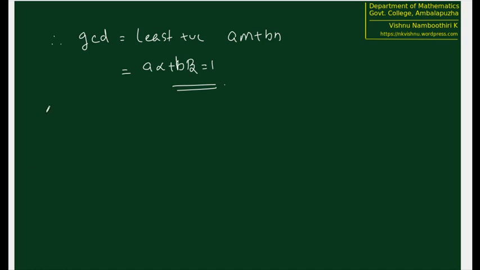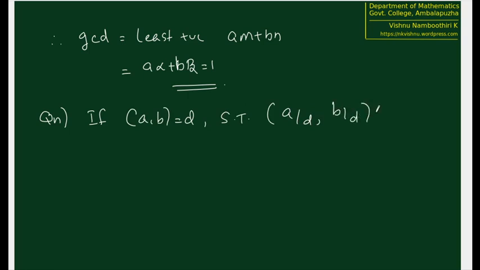The next question we have actually seen in one of our previous sessions, but we will see how to solve it using Bezout identity. If GCD of A, B is D, where A and B are two positive integers, then GCD of A by D and B by D equal to 1. This we have already seen, but we will try to see it using the proof of Bezout identity.